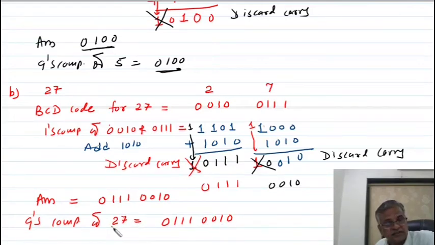I have to subtract the 2 from 9, which is 7. So it is 72. But this is another way we did. What is the way? The BCD code of 27 I have to write. Then I have to take the first complement. Then I have to add 1010. Then the carry generated is discarded. You will get your answer.